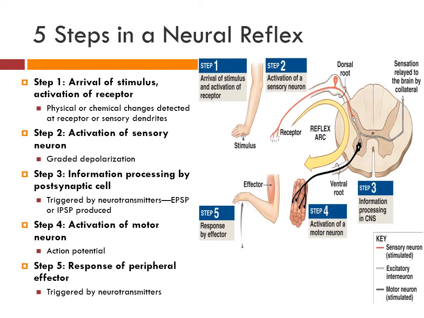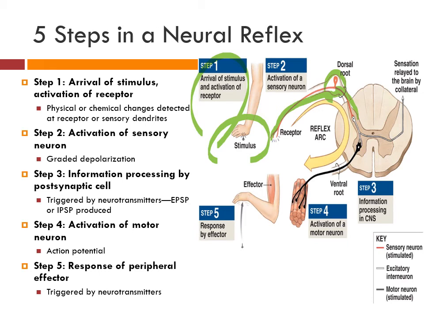There are 5 steps in a neural reflex. Step 1, which you see up here, is the arrival of the stimulus. In this case, you have put your hand on a tack. Step 2 is the activation of the sensory neuron. That sensory neuron gets activated when a tack enters your hand. And so it's going to send information through the dorsal root ganglia to the posterior horn of the spinal cord.